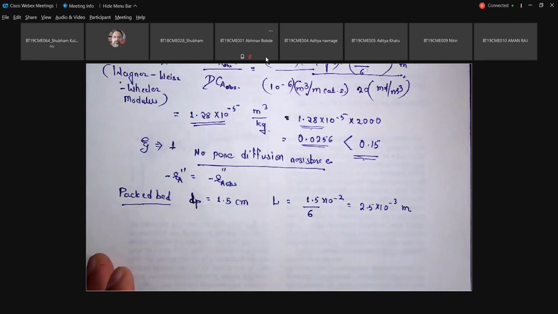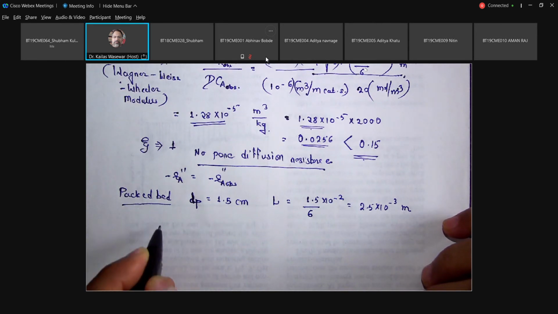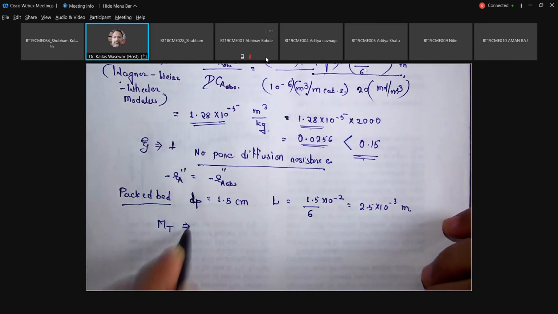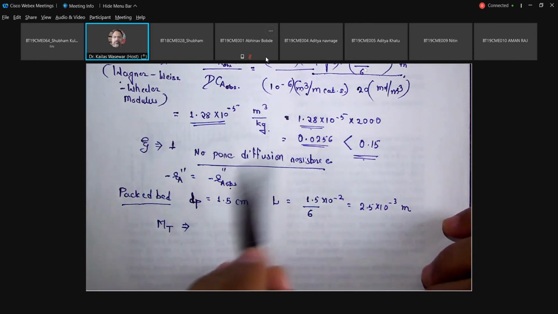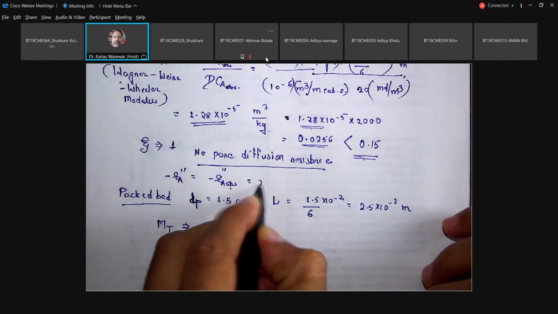Now for this condition, we have to find out the Thiele modulus. Okay. From this expression, this Ra observed is coming to be 0.0064. Okay.